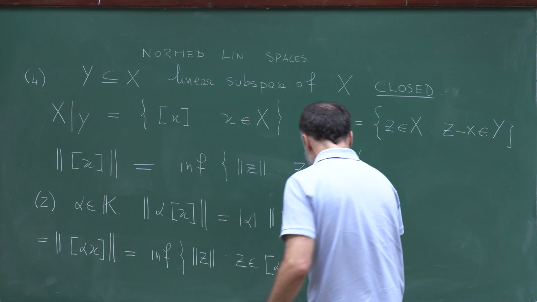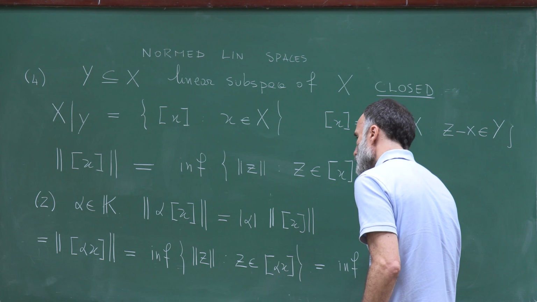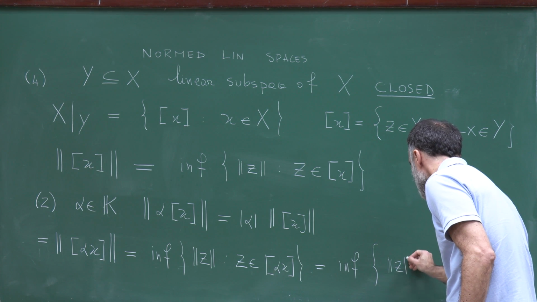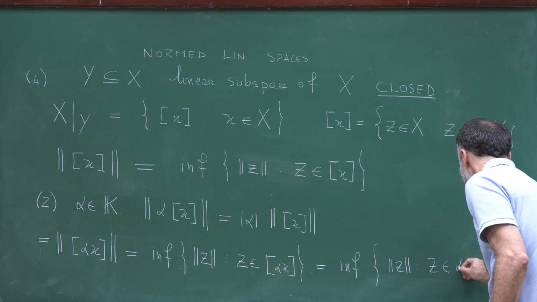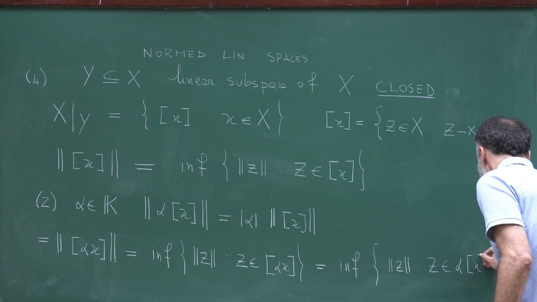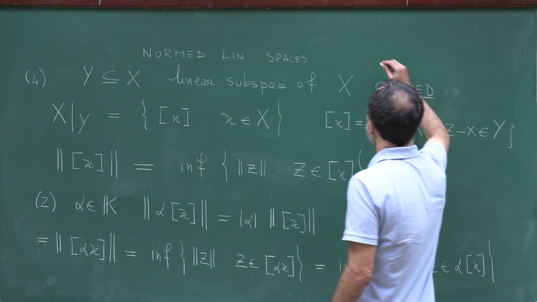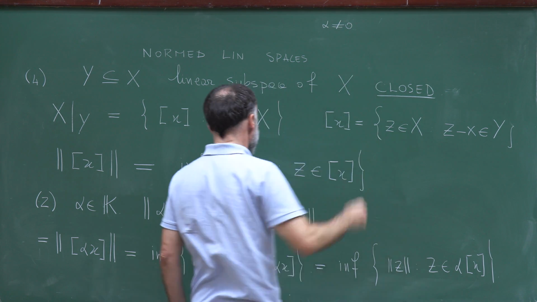Now, this set is the z's, the norm of z, such that z belongs to alpha times the equivalence class of x. Now let's assume for the moment that alpha is different from 0.